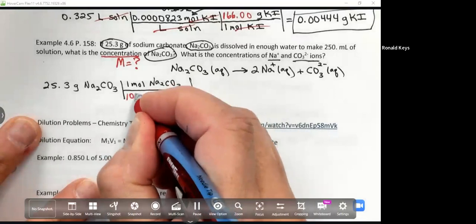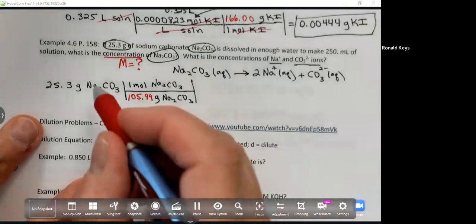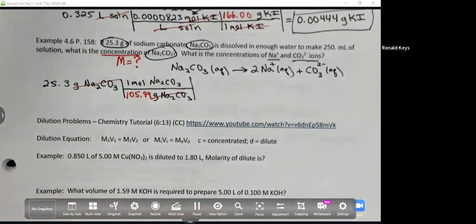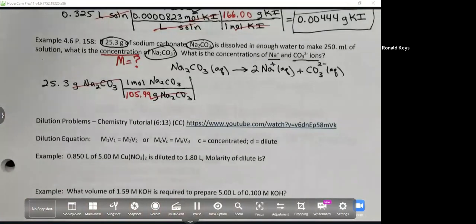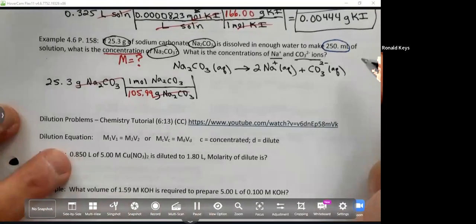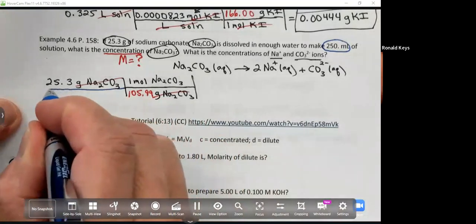Okay, 105.99 grams cancel out here. Now I need moles per liter of solution. 250 milliliters. Nice. We're not going to memorize any formulas. Here's what we're going to do. We're going to take this 250 milliliters and draw a line right here because we need moles over liters. So I'm going to put it down below.